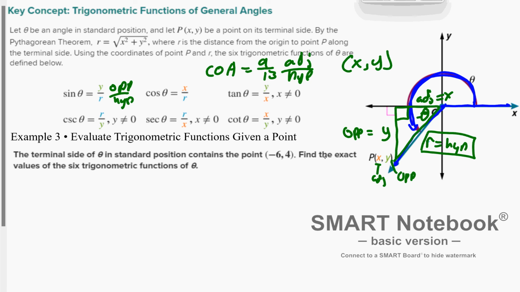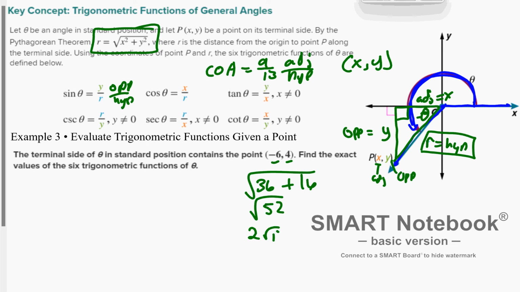A lot of times when you're given the point, you don't have the r, but we can find r by taking the square root of the sum of x squared and y squared. So here I have my x, here I have my y, and I square those. Whenever you square a real number, you get a positive. So it's 16 plus 36, I add those together, and then take the square root. So I get 2 root 13.